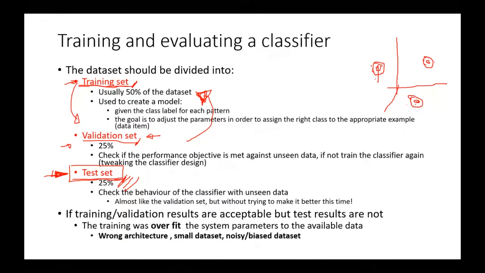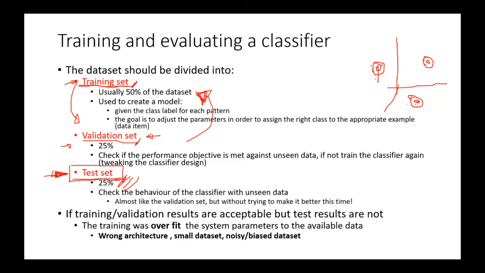Never forget that if you have a classification problem, you should divide your data set into three distinct sets: one for training your model, one for validating your model, whose results you use to get your model better, and one for testing your model.